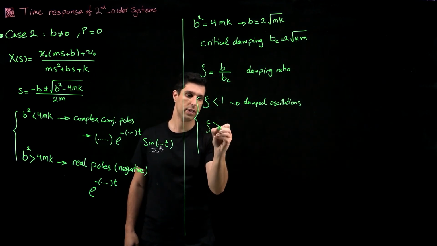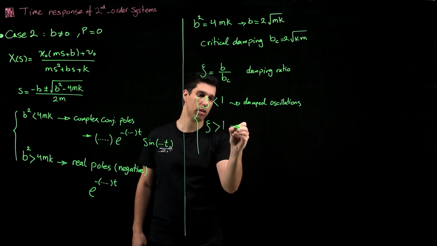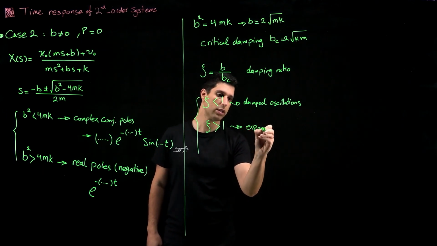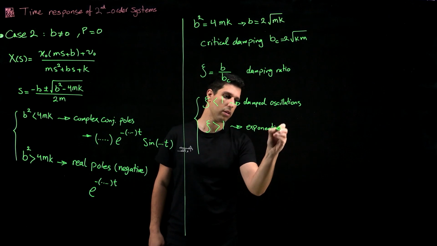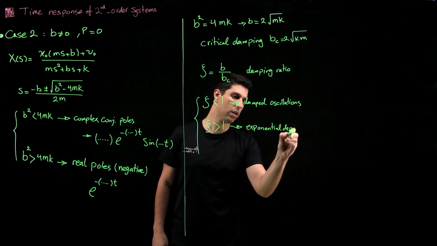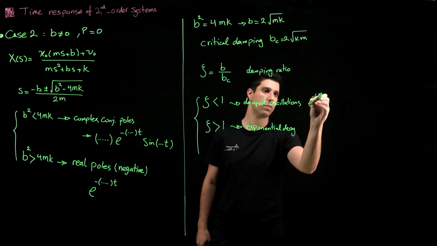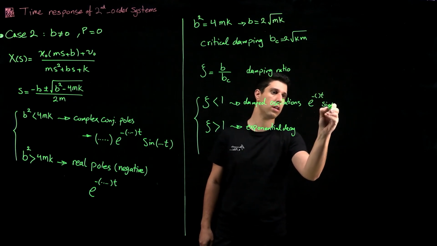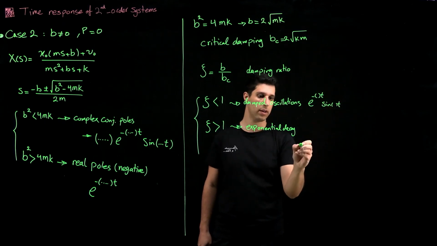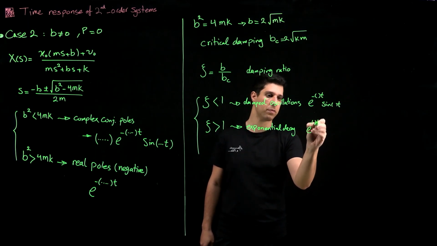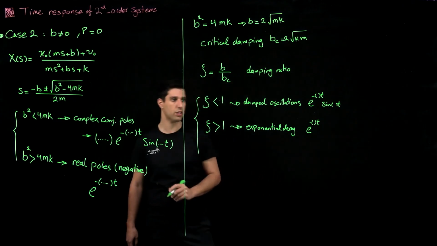If z is bigger than 1, I'll have exponential decay. So this is some kind of e to the minus something t sine of something t. And this one will be a combination of a couple of e to the minus something t's.